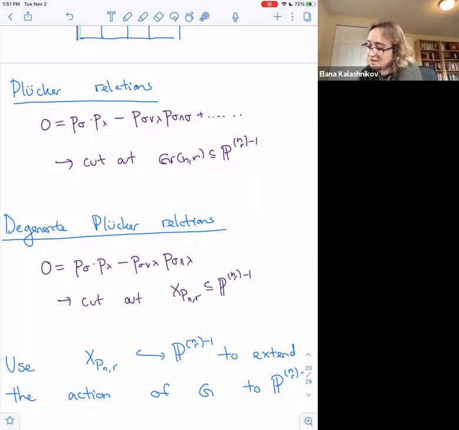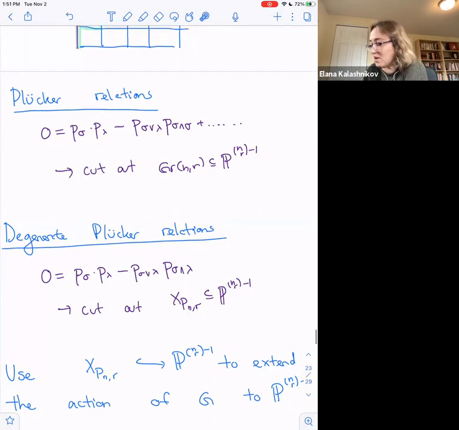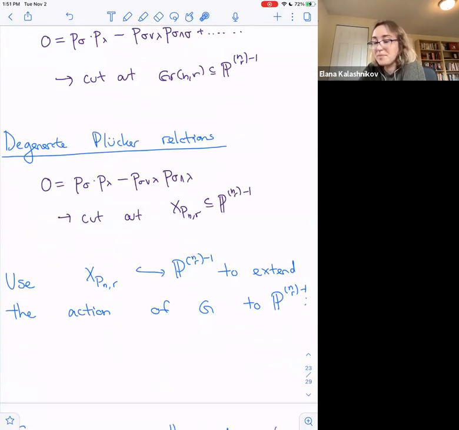And so that's how you see it as a degeneration. It's a SAGBI basis degeneration, but you just add parameters corresponding to these extra monomials, and if you scale them to 0, you get this here, and that's the family which has X_{P,n,r} as the special fiber.